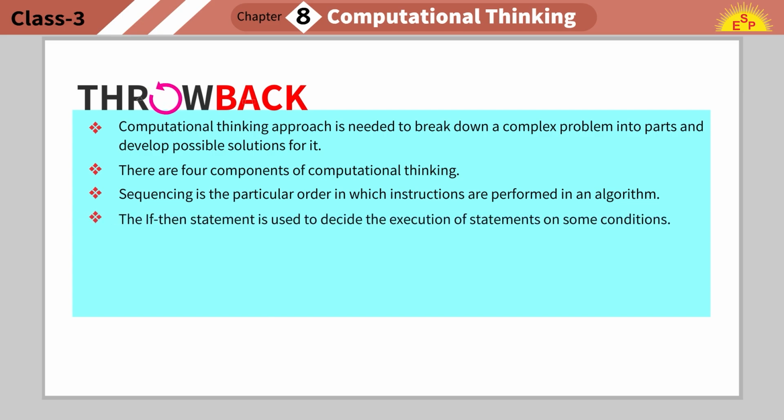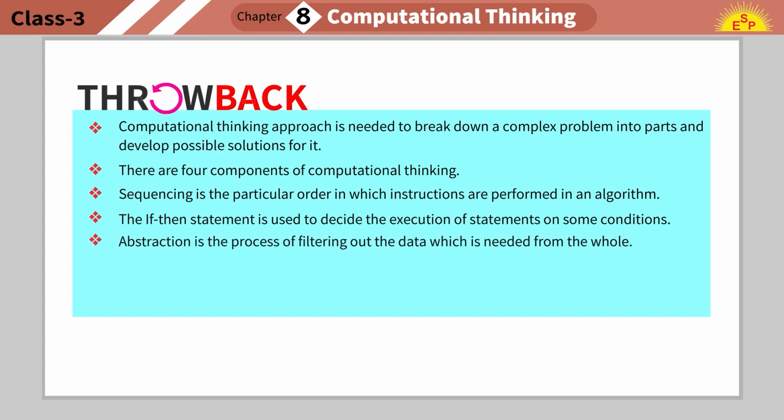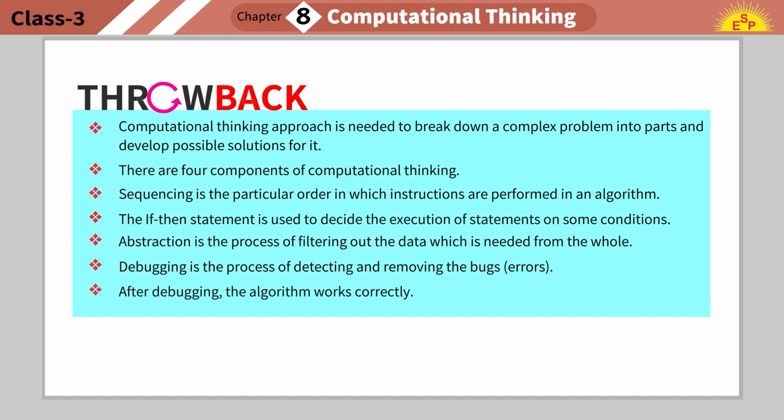The if-then statement is used to decide the execution of statements on some conditions. Abstraction is the process of filtering out the data which is needed from the whole. Debugging is the process of detecting and removing the bugs, the errors. After debugging, the algorithm works correctly.